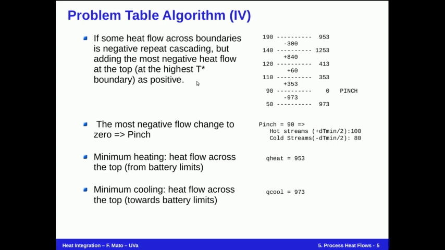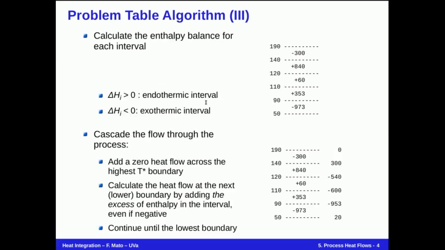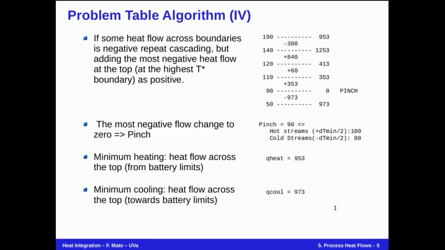The way to do that is adding the most negative heat flow at the top. See that the most negative flow here is minus 953. Then we're going to take it from battery limits into the problem at the highest interval.